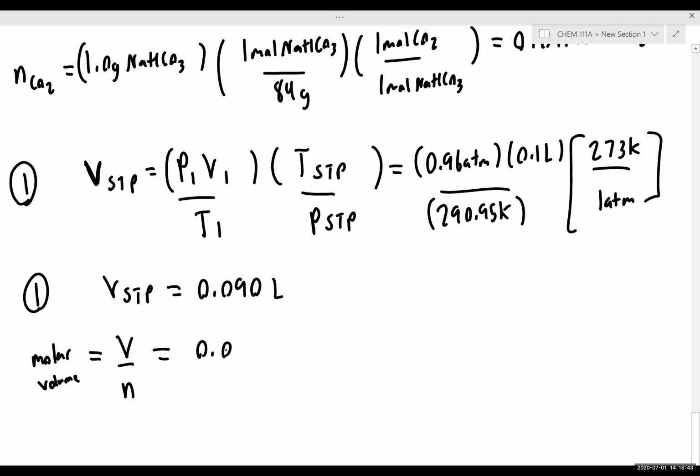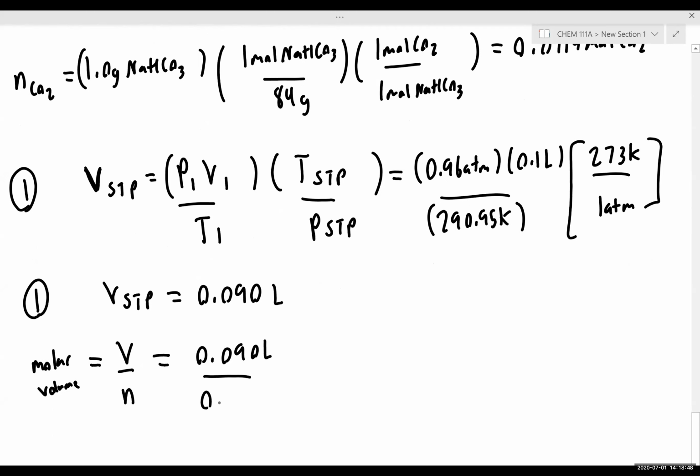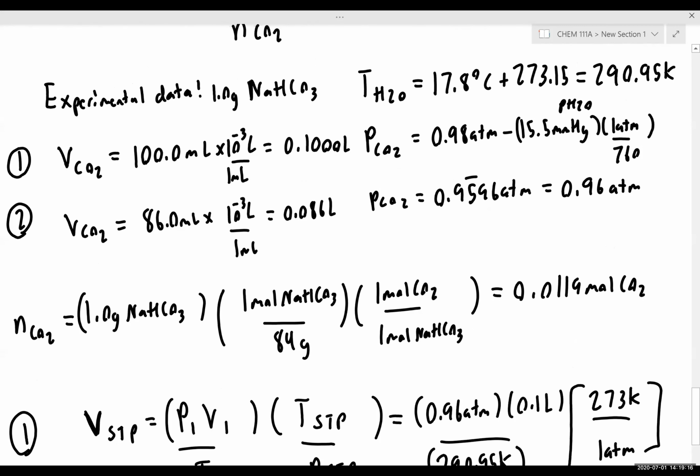So we take 0.090 liters divided by 0.0119 moles of carbon dioxide. And that in turn gives us, wow, this molar volume is really off. Molar volume 7.56 liters per mole. Let's check our calculations one more time.